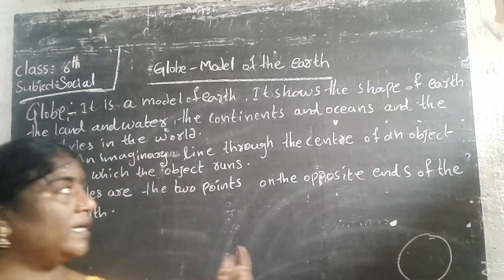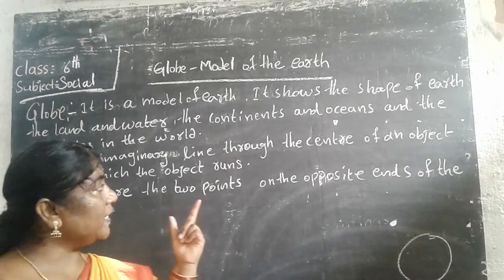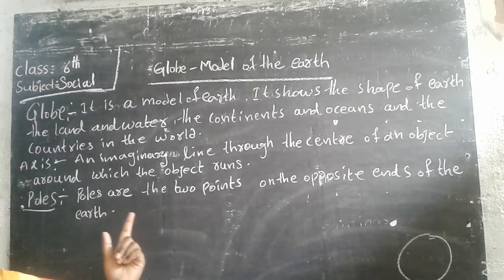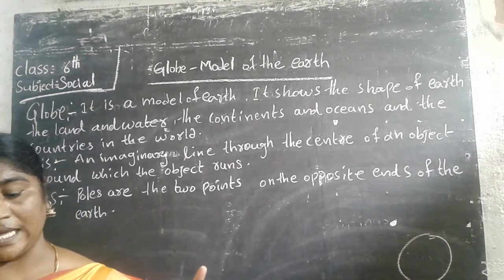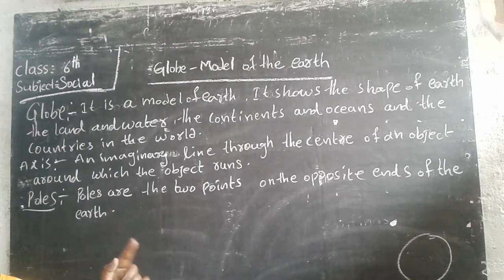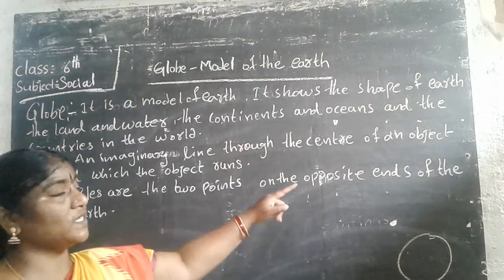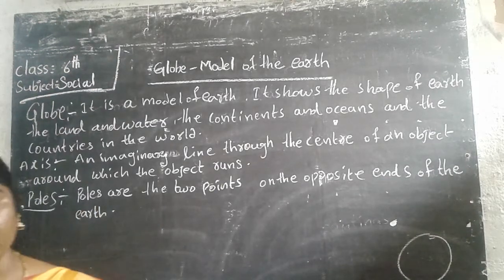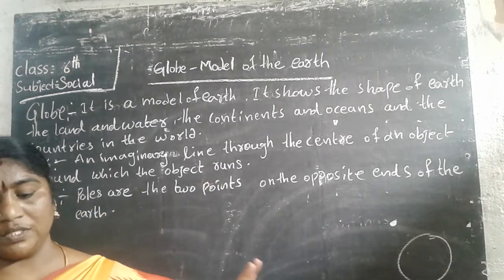The axis is the imaginary line through the center of an object around which the object runs, and apex means the top or highest part of something. The poles are two points at the opposite ends of the Earth: the North Pole and the South Pole.